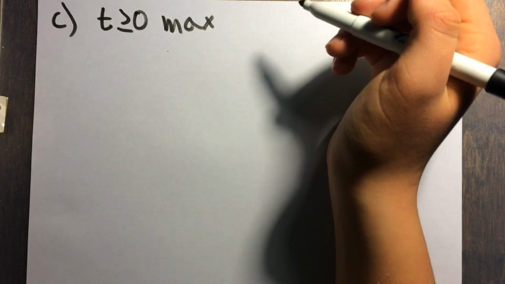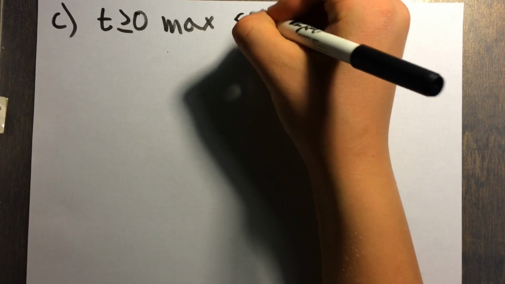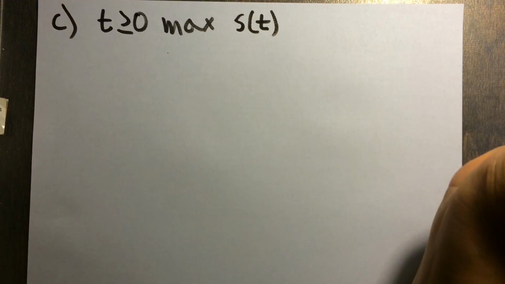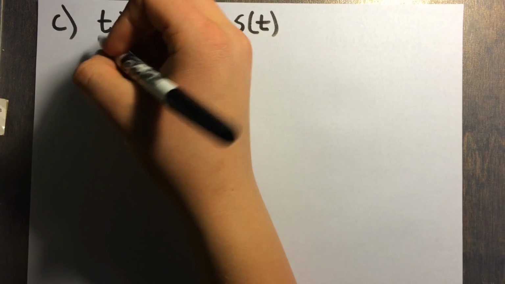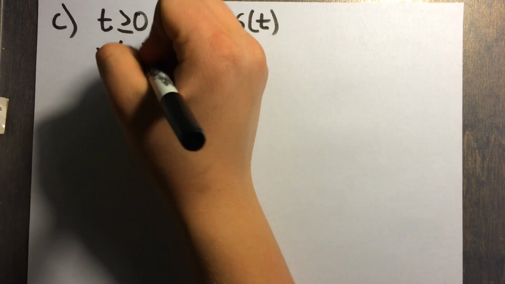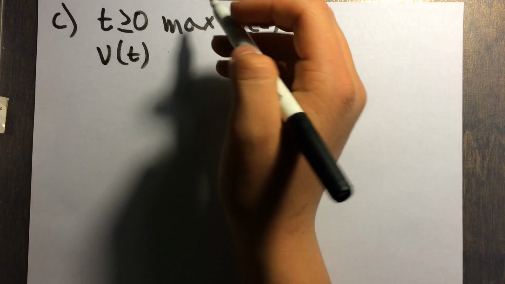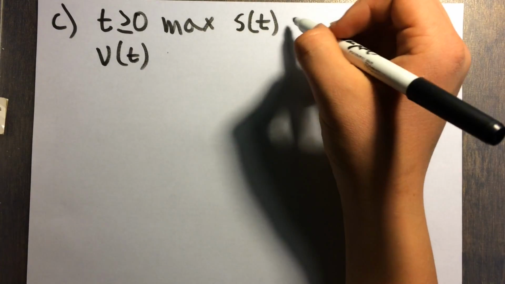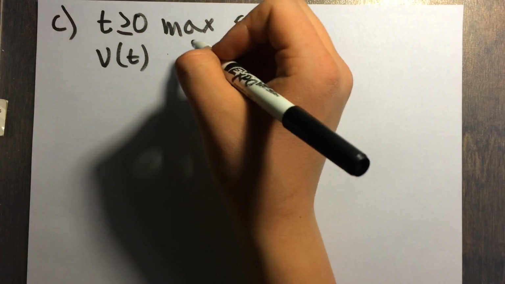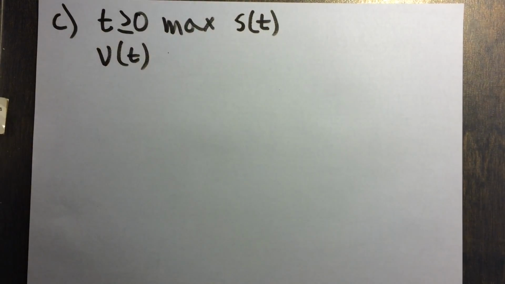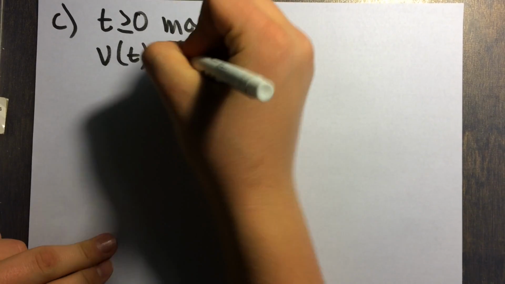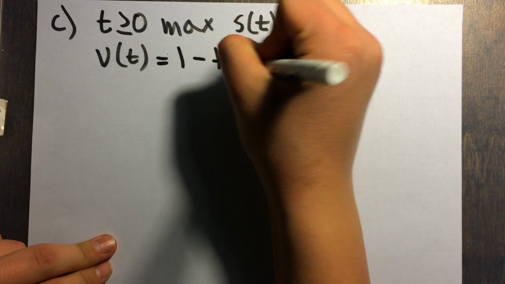Now looking at part C, we must find the maximum of the position function. To do this, we must look at the velocity function. The velocity function, being the derivative of the position function, can be used to find the maximum of the position function. The velocity function is 1 minus tan inverse of e to the t.